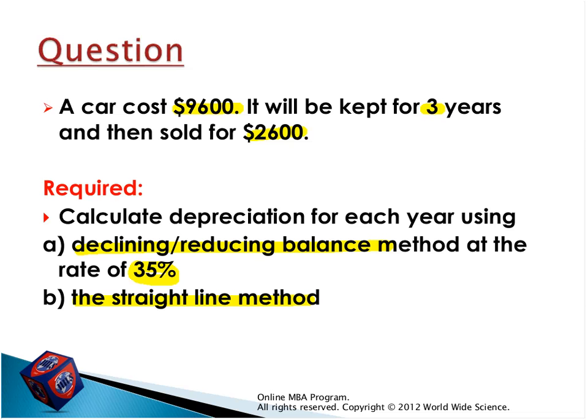So the first year I have got, okay, this is right. The book value for the first year, the second year, okay, let me see. For the second year, I've got a depreciation cost of 2,184. Anyone have the same? No. Okay.